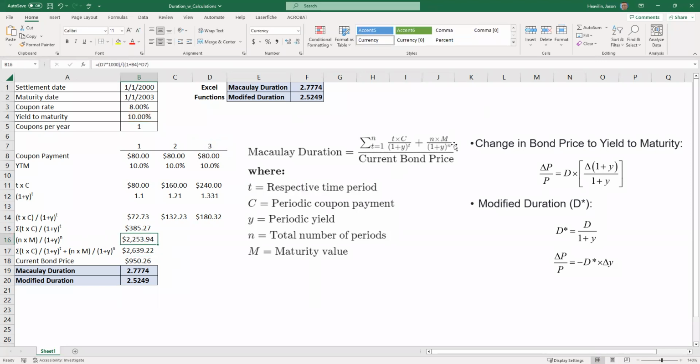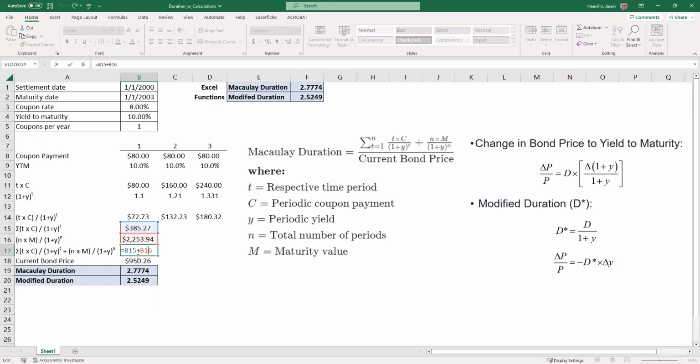That gives us that number that goes here. So now we just got to take care of this plus sign in the middle, this plus that. So now we add those two together and we finally have the number that goes at the top. $2,639.22 is the number that goes here on the top of this formula.